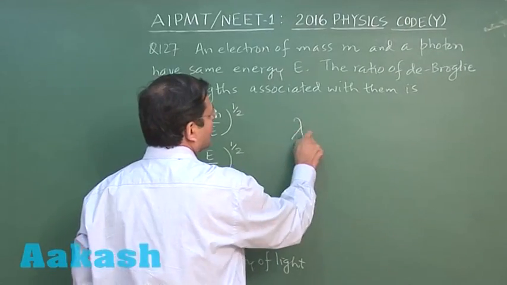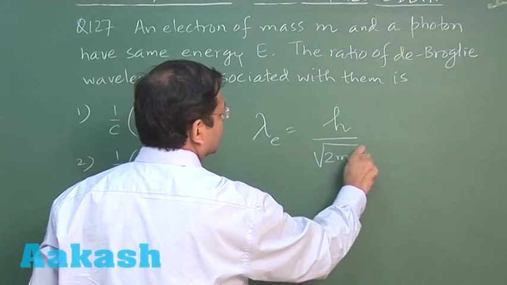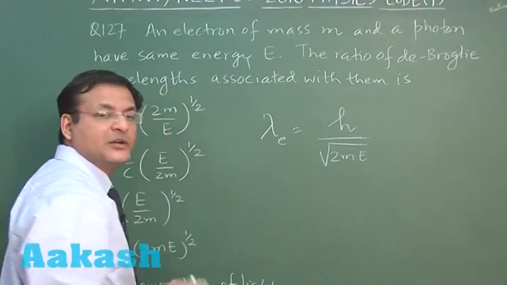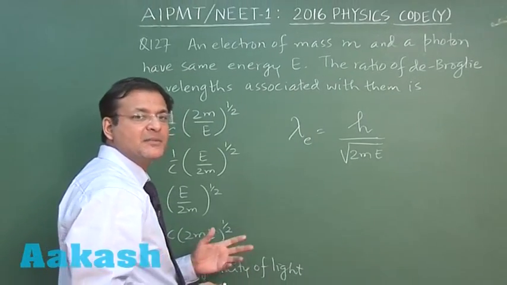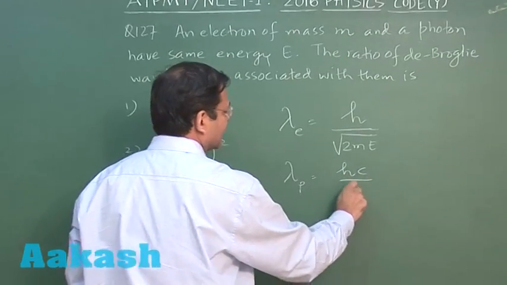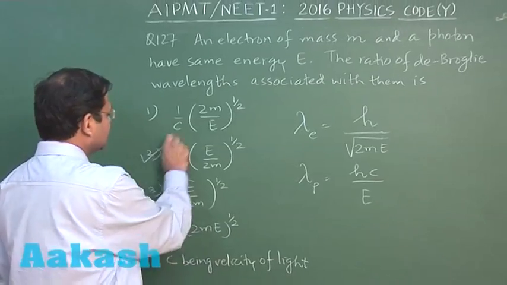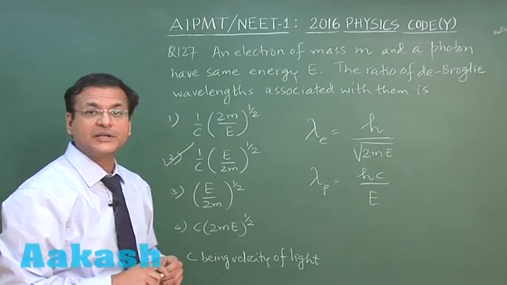If you use the formula for electron, it is h upon under root 2mE. Understand? And for photon, energy is equal to hc by lambda. So lambda for photon will be hc by E. So you have to take the ratio of both of them. If you take the ratio, you will be marking answer 2 for this question 127.